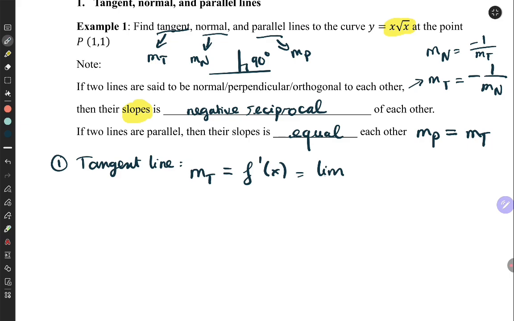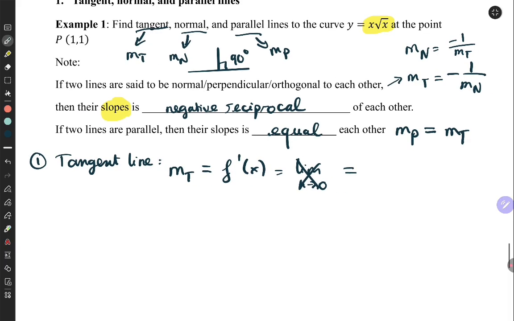But this time, you don't need that. In other words, you bypass that one already because you have formula now. There you go. All right, you don't need to do the limit.